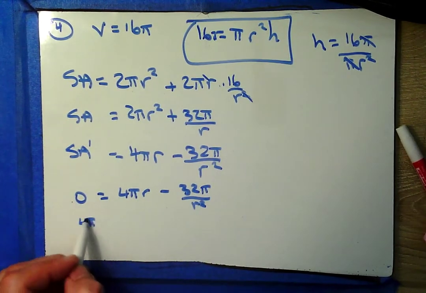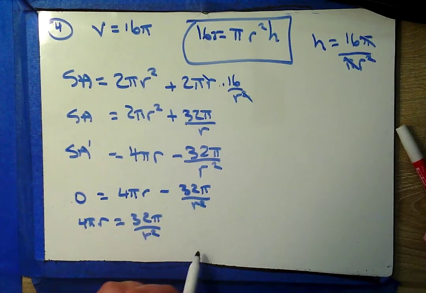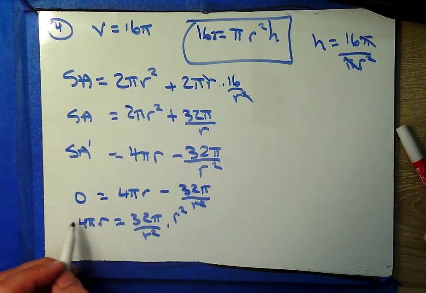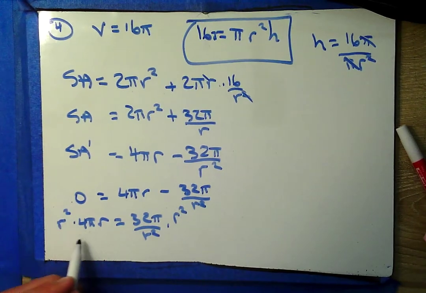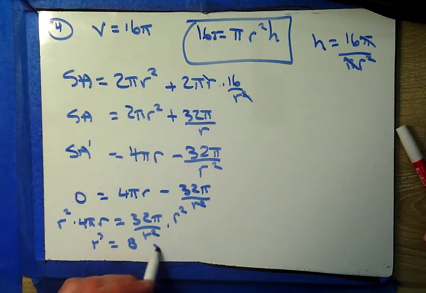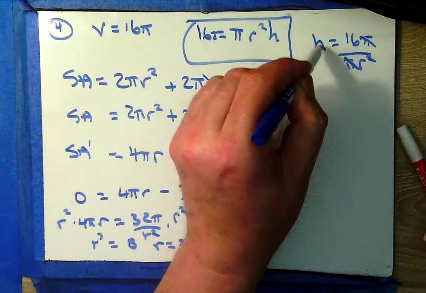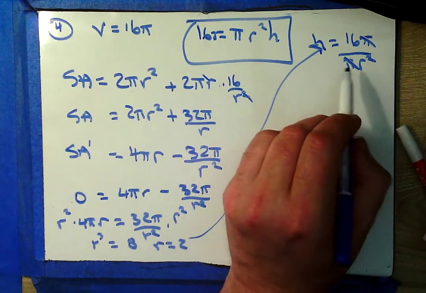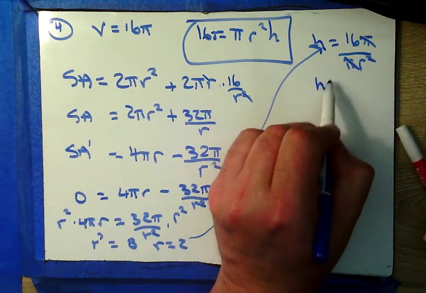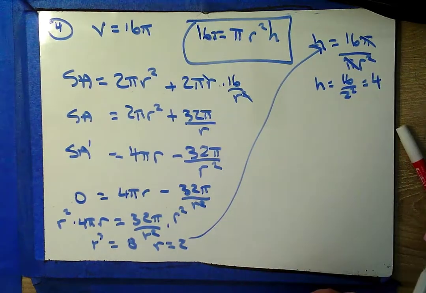I get 4 pi r equals 32 pi over r squared. I'll multiply by r squared and get r to the third equals 8, and so r equals 2. And if r equals 2, then I know here that h equals 16 over 2 squared, or 4.